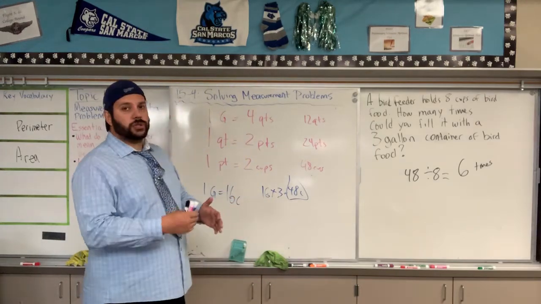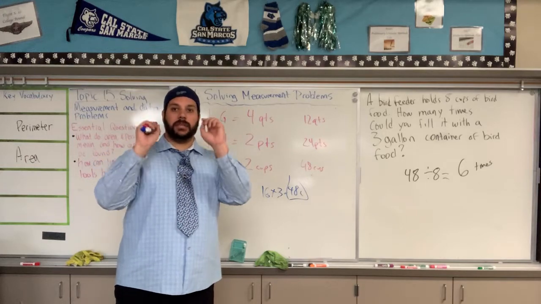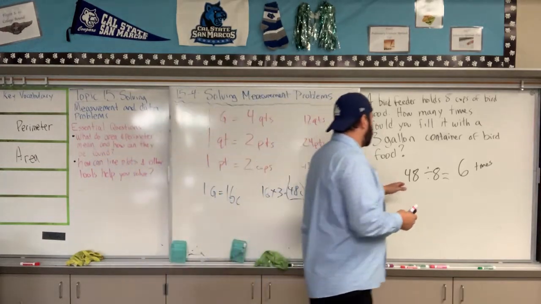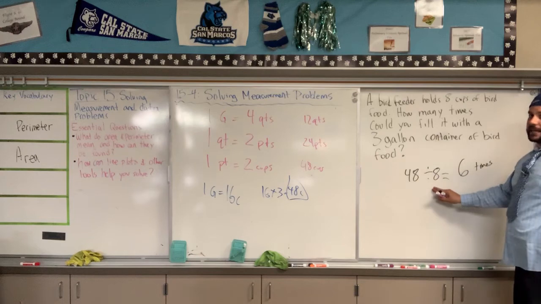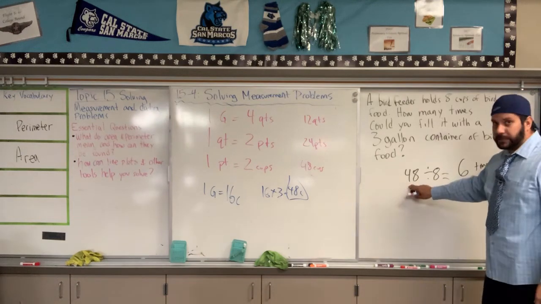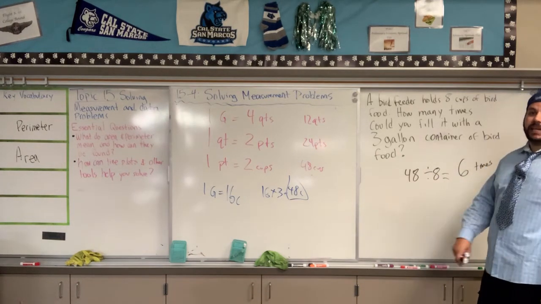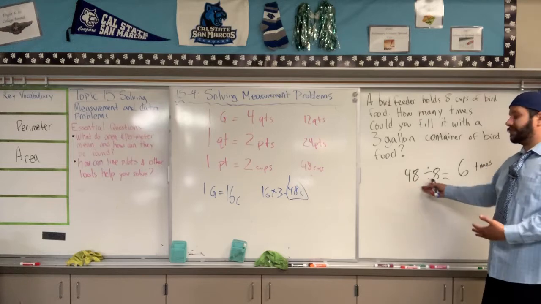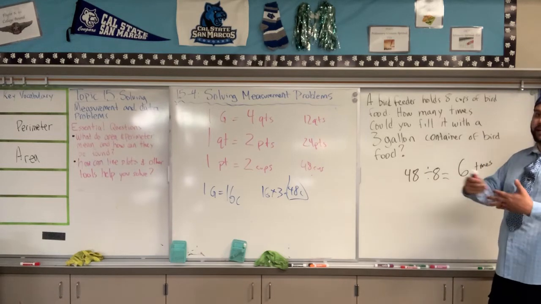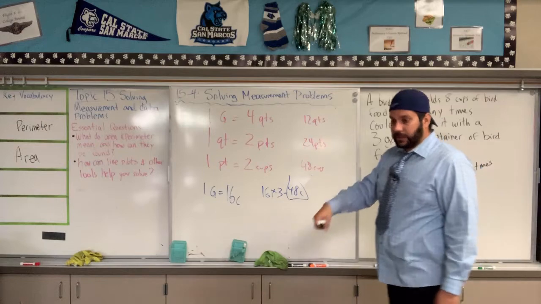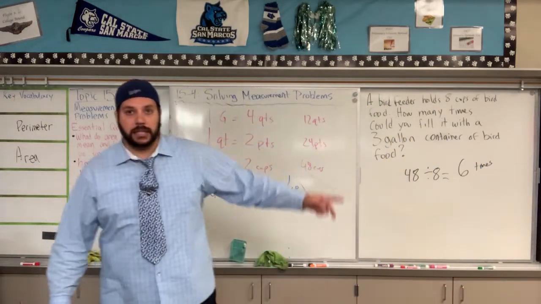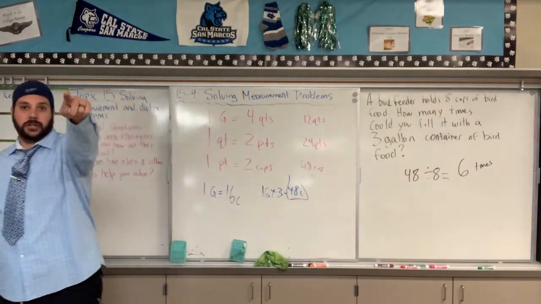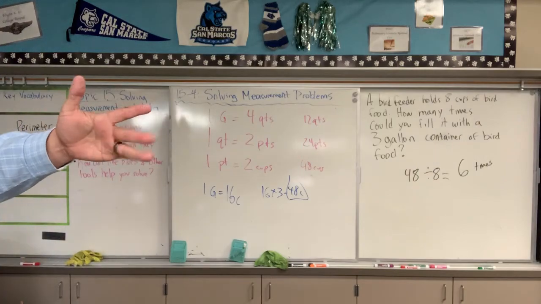Whatever it is, try to figure out how to get the same unit. Not the same quantity, right? Because 48 cups is not the same as 8 cups, but it's still cups and cups. And once I get it to be the same unit, all I have to do is divide it. I don't have to make that extra step. But you just have to do those steps one by one, sequentially, using the information on the charts you've already created. See ya.